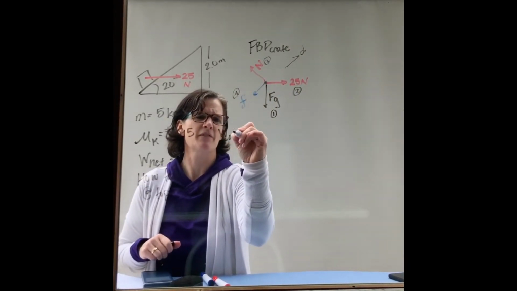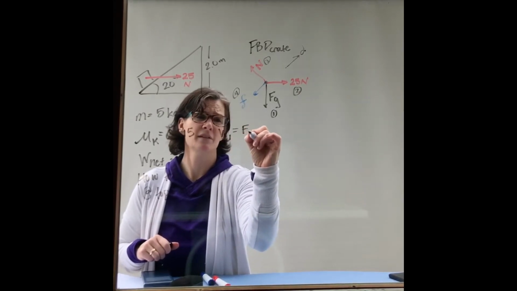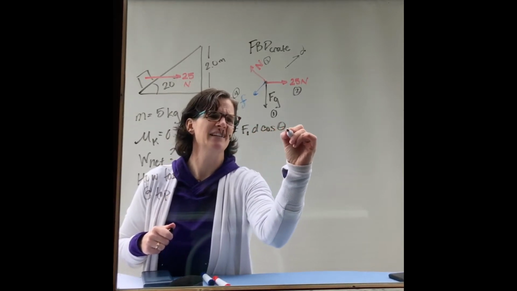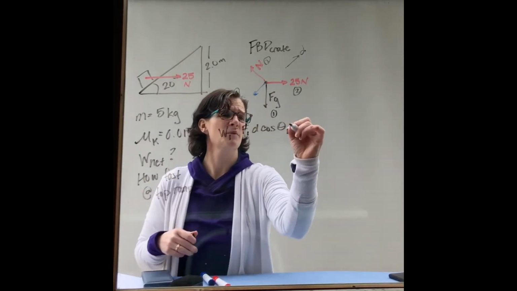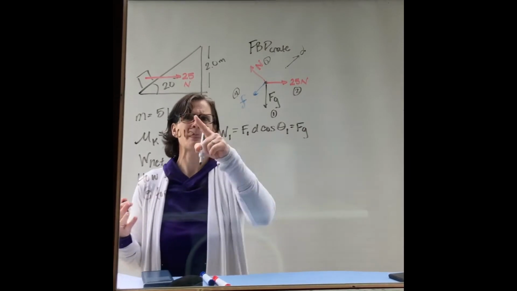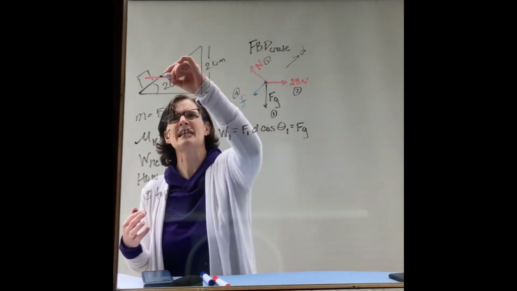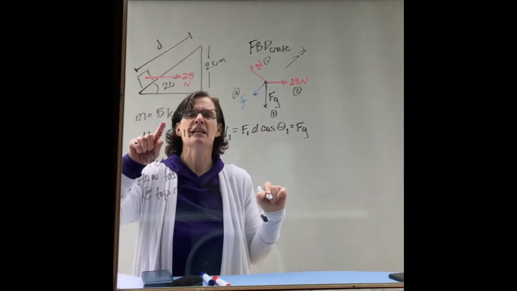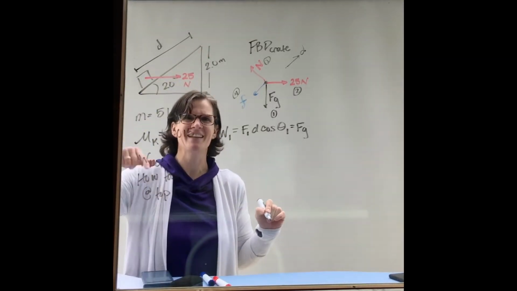The work done by force number 1, well, that's going to be equal to the force number 1 times the displacement times the cosine of the angle between them. So we know force number 1 is our force of gravity. What about the displacement? Well, that's the displacement up the ramp. So we need to know what this distance is. Now I'm given an angle and I'm given a height, so we can use our trigonometry to get that displacement.